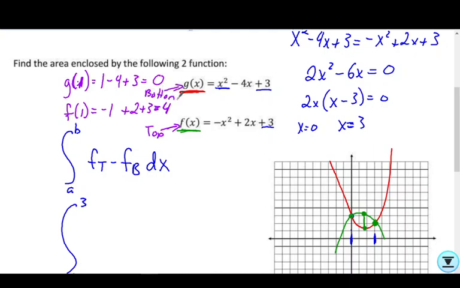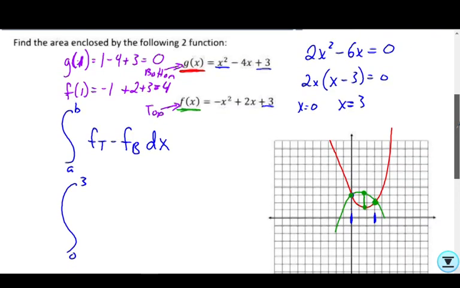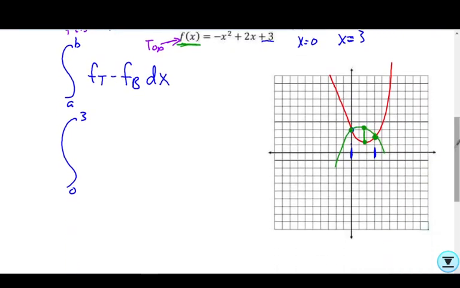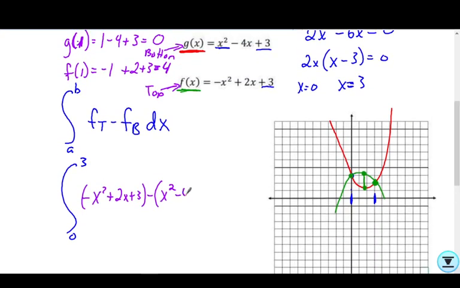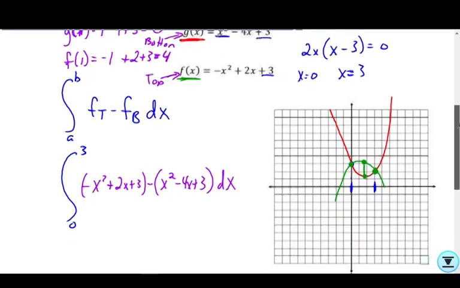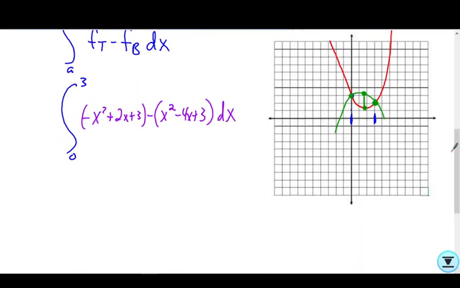Okay? And at this point, you just plug them in. So my top function is negative x squared plus 2x plus 3 minus my bottom function, which is x squared minus 4x plus 3, dx. So there's my integral, okay?